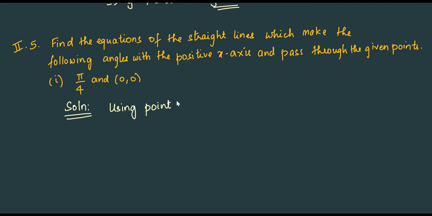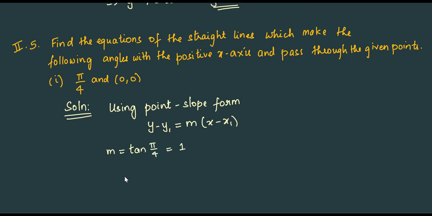Point is there and slope is there. What is m? It is tan 45, tan pi by 4 is 1. And (x1, y1) is (0, 0).